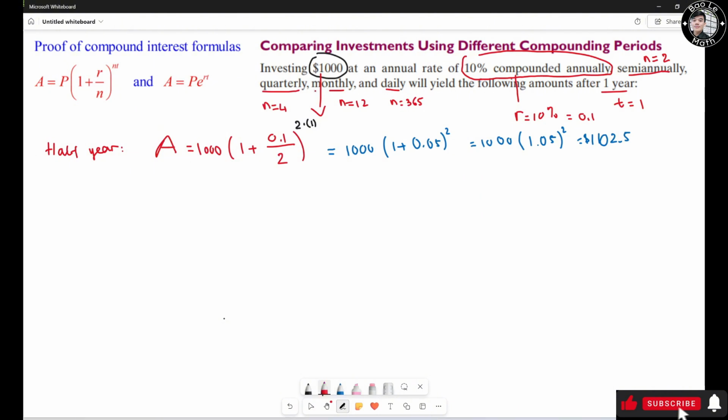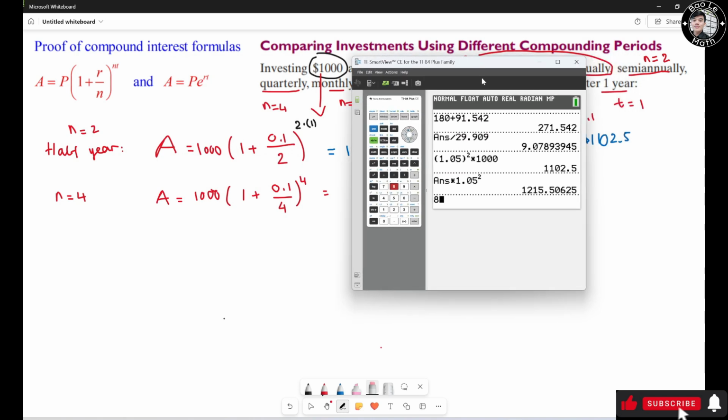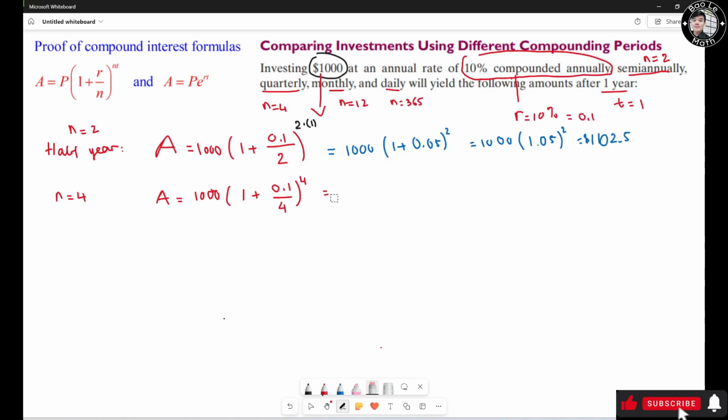Next one, quarterly, so n equals 4. a becomes 1,000 times 1 plus 0.1 divided by 4, to the power of 4. Bringing up the calculator, the answer is 1103.8.